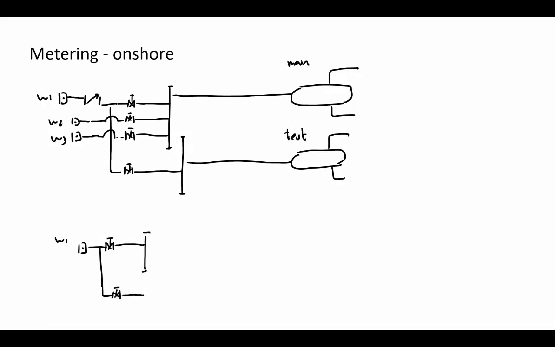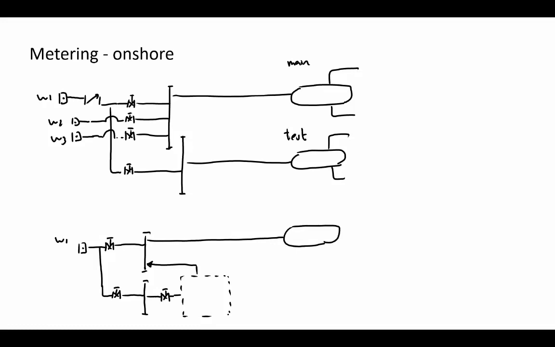Okay, so you have the test header, and then simply you have a connection in which you can connect a test separator. The production is usually sent back to the main header that goes to the main separator.